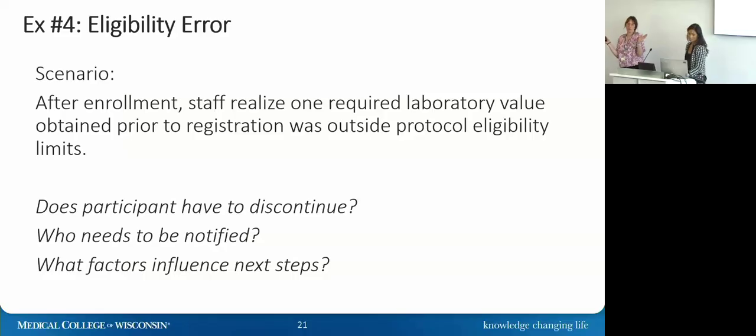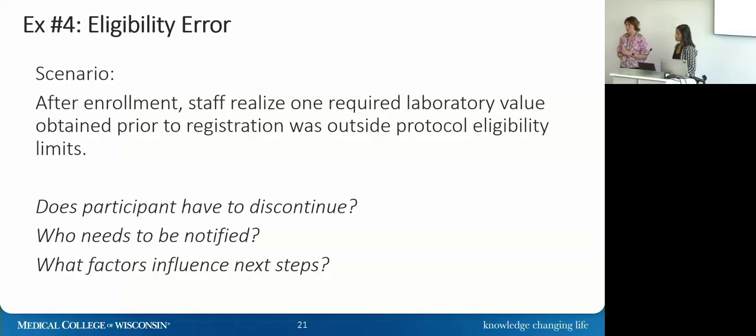Do they belong anywhere on this trial? If it was just one missed lab value, did we ever draw that lab value? Do we know if that lab was ever in range? How far out of range was it? Was this at a dangerous level, or was it one little notch outside? A lot of times safety will determine that, and then of course data integrity as well.